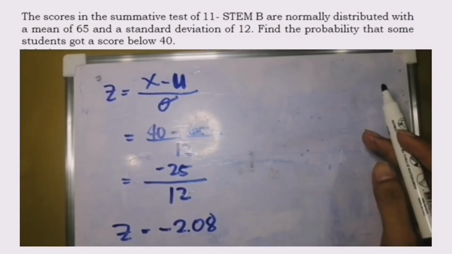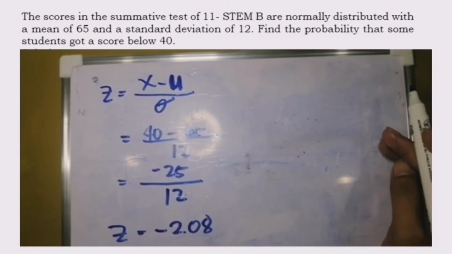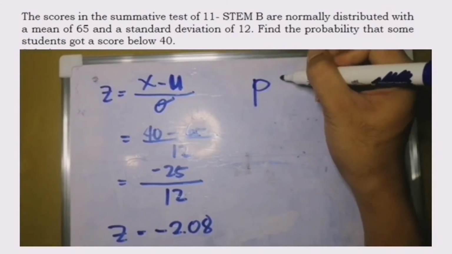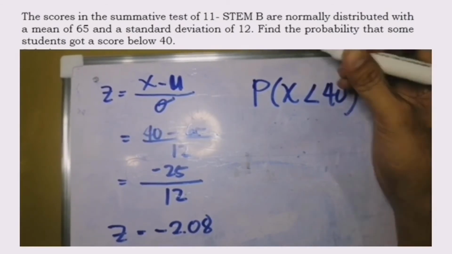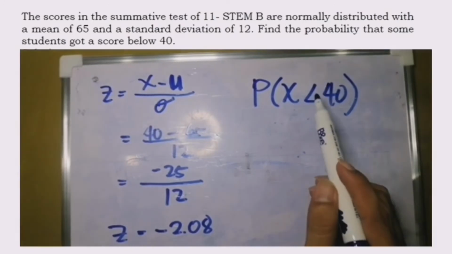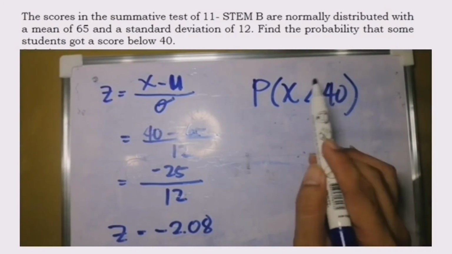It is written in the question: find the probability that some students got a score below 40. Therefore, x is less than 40. Why? Because the question says the probability that some students got a score below 40, so smaller than 40.